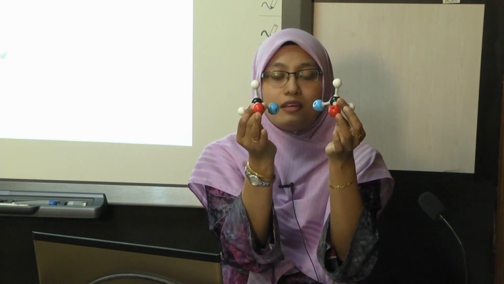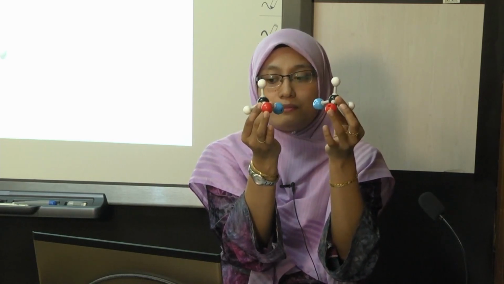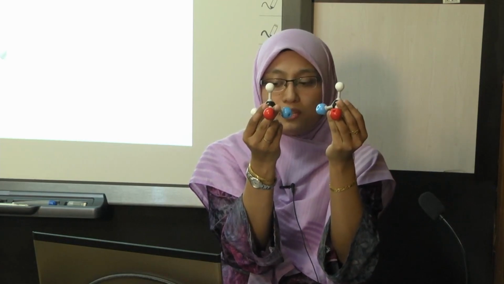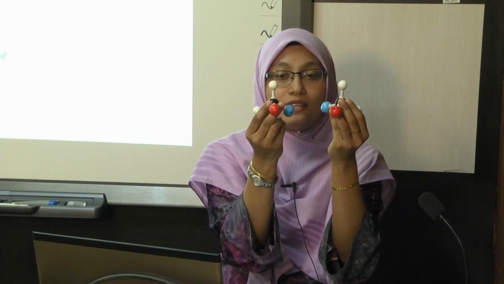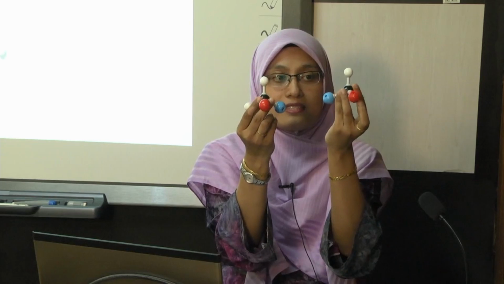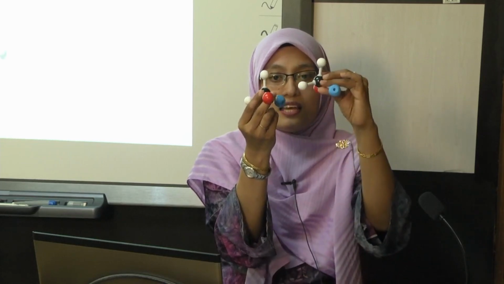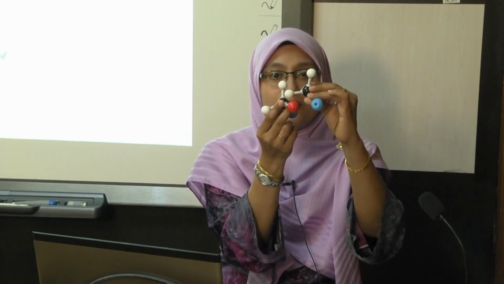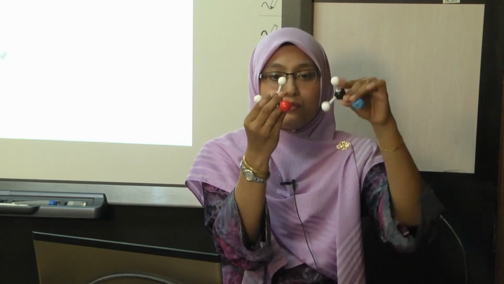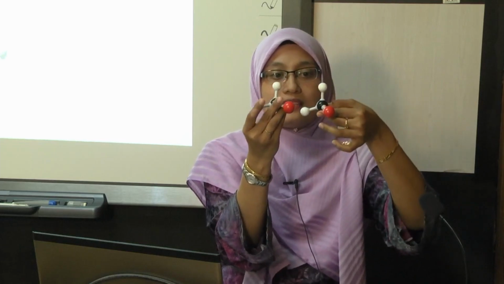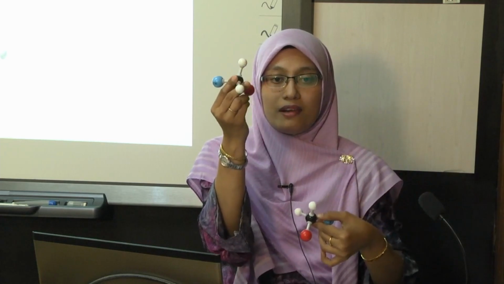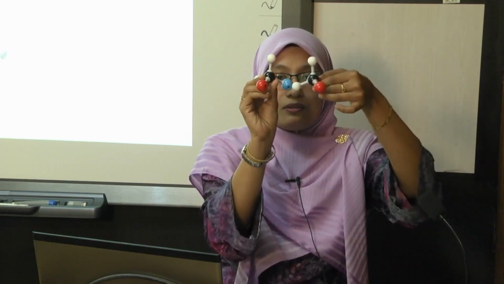Okay, the bromine, chlorine, and hydrogen here are aligned to each other. When I try to rotate this molecule on my left, I can see that it's actually identical. When I try to rotate anyway, I can see that it's actually identical to the molecule on my right here.